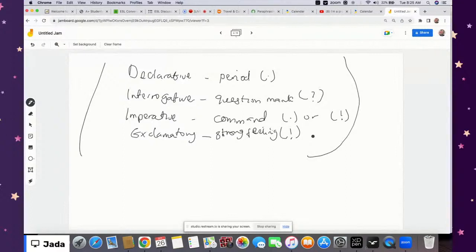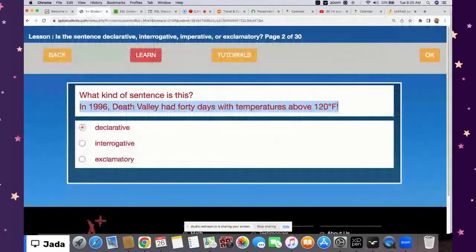And then we see which one. So now we have exclamatory, imperative, interrogative, declarative. So when you look at the question here now, what do you think is the answer with exclamation?